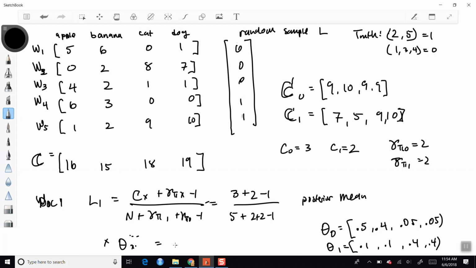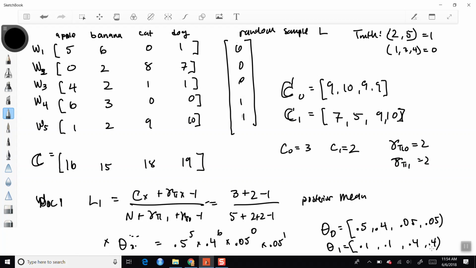For document 1, we would take 0.5 raised to the 5th power, times 0.4 raised to the 6th power, times 0.05 raised to the 0, times 0.05 raised to the 1. Versus the other kind of document: 0.1 raised to the 5th, 0.1 raised to the 6th, 0.4 to the 0, and 0.4 to the 1.